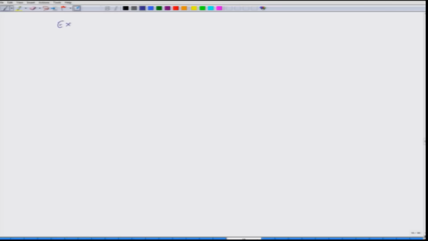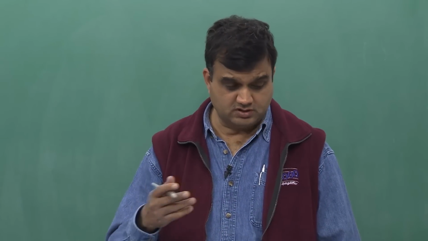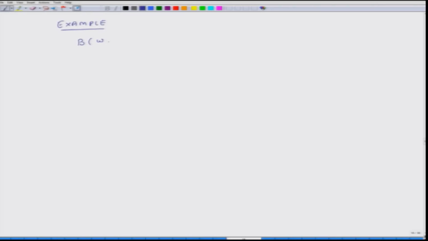So, an example. We had seen in the context of that bar that this is one differential equation it can solve. There may be others also. It could in general be represented as B of W and U equals L of W. And we say that B is bilinear and symmetric.